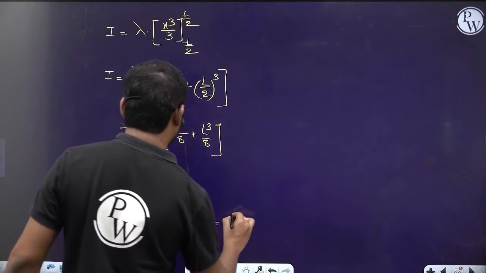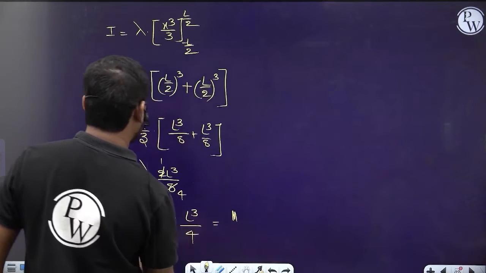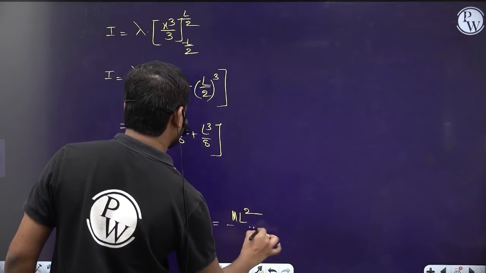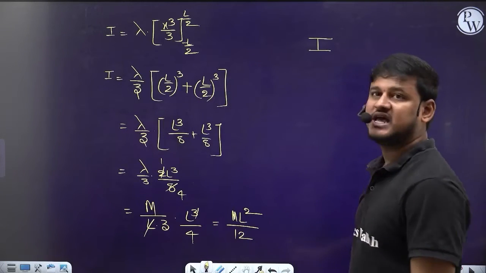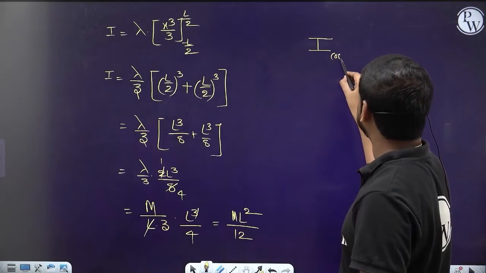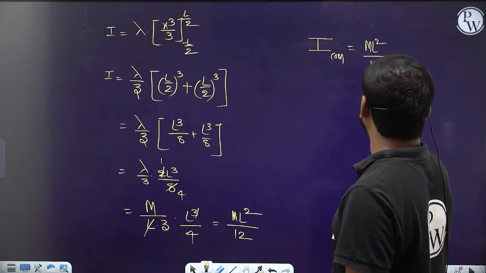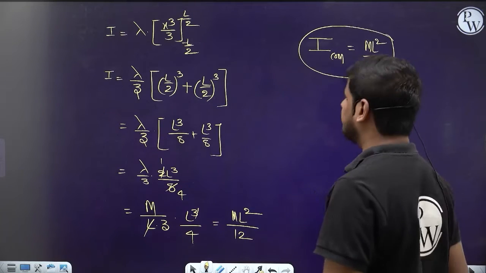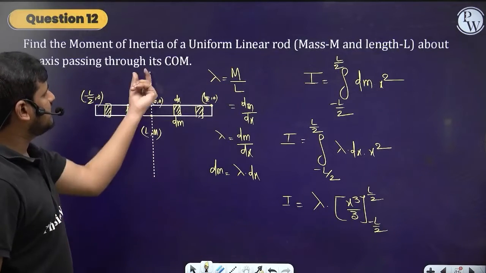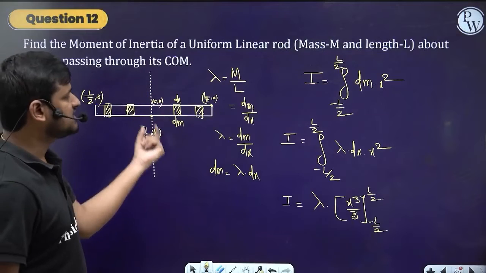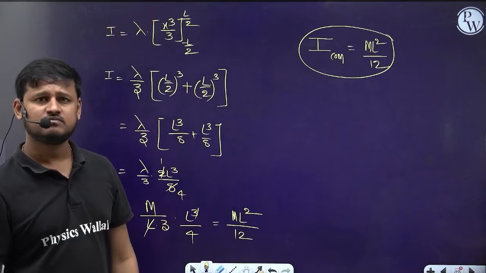L gets cancelled, so m L square by 3 into 4, which is 12. Therefore the moment of inertia of a rod through its center of mass is m L square by 12. This is a standard result, everyone should remember: the moment of inertia of a uniform linear rod about its axis passing through the center of mass is m L square by 12. Clear, guys?